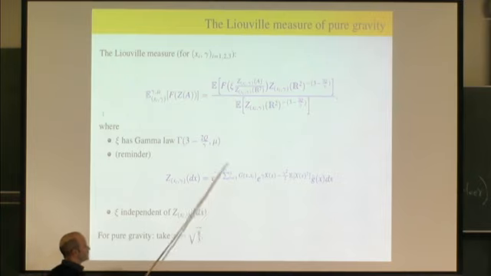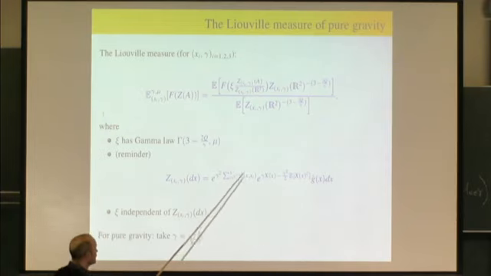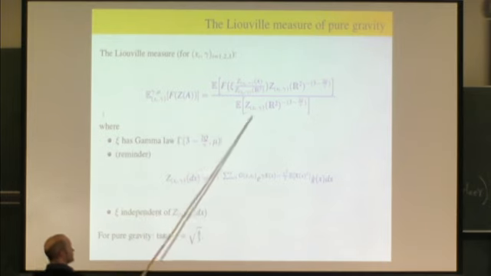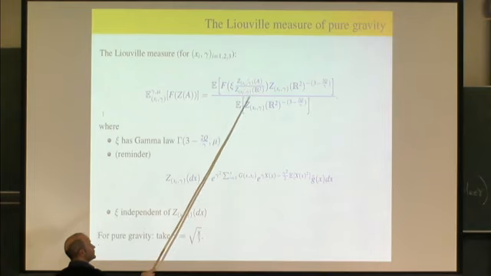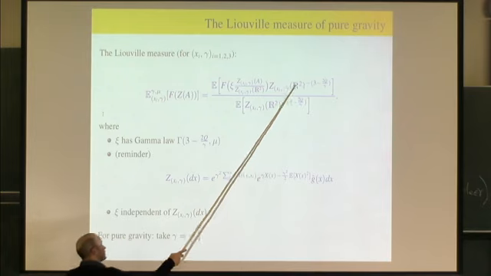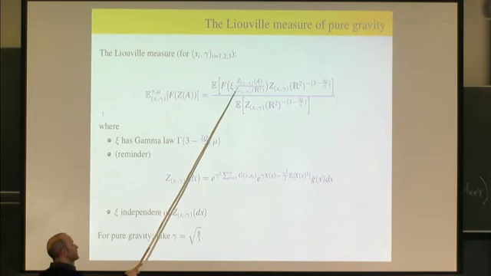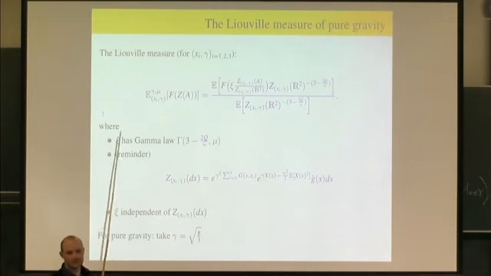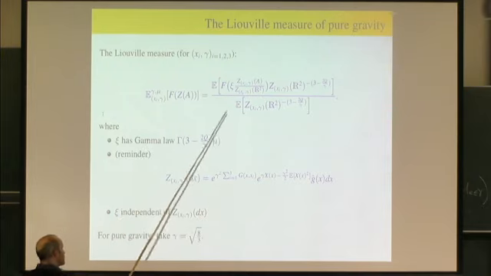So you have these power singularities here, and here you've just got the chaos measure on the sphere, okay? And well, the law of the Liouville measure is this chaos measure that you have renormalized by its volume. You weight by some power of the whole mass of the space, and here you have an independent gamma law, which is independent of your free field and therefore from the chaos measure, okay? You have a gamma law here.